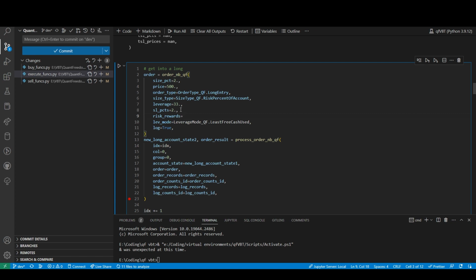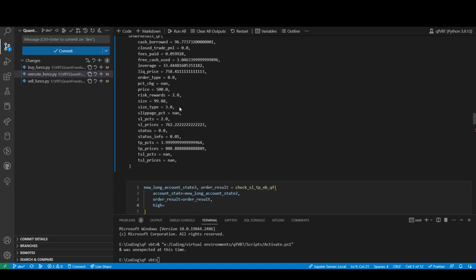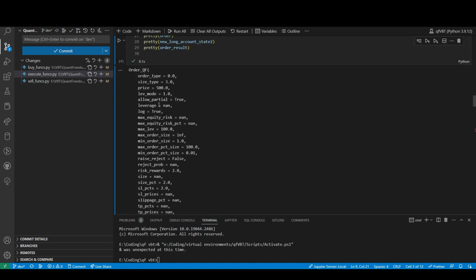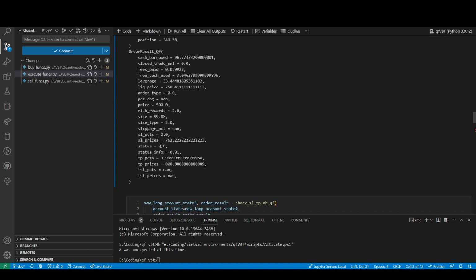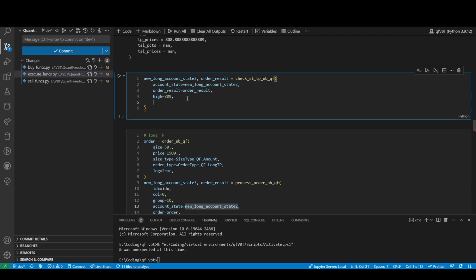Risk reward is 2. Let's run that. So our order, all right. Our risk reward is 2, so now we have a 808. So we're gonna say this is 809, and this low is going to be 10.